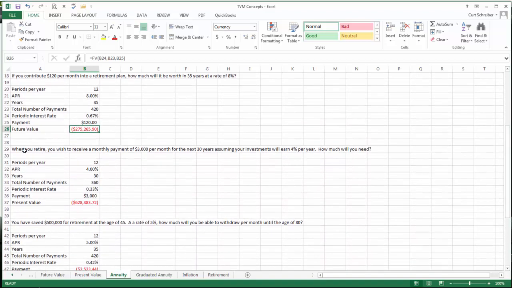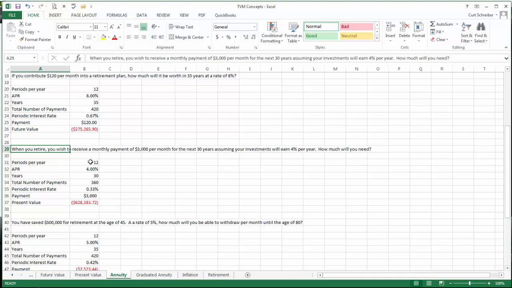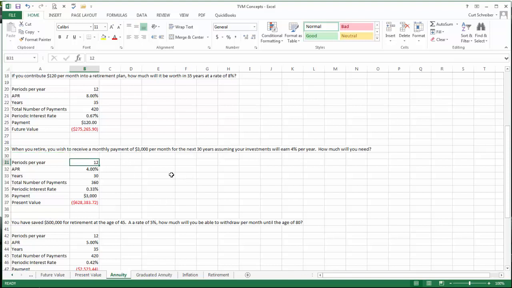Let's say that when you retire, you wish to receive a monthly payment of $3,000 per month for the next 30 years, assuming your investments will continue to earn 4% per year. How much will you need? In this case, we have 12 periods per year. You're going to have $3,000 per month. We're dealing with a 4% rate of return.